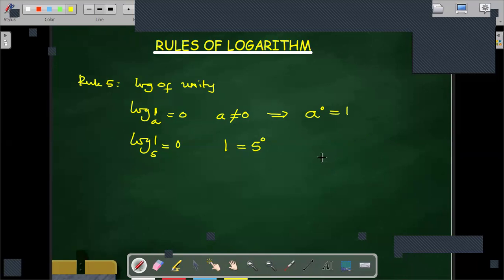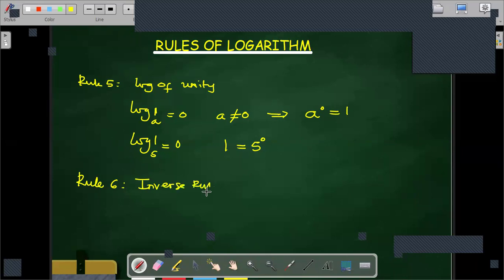Now, let's move on to the next rule, rule number 6. Of course, we'll still look at simplification examples as a separate video on how to apply all these laws. We use them to solve simple and complex problems, respectively. So let's look at the inverse rule.